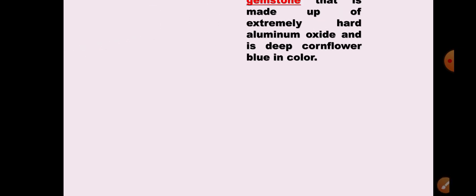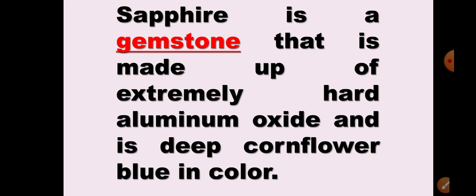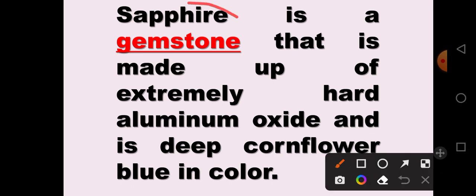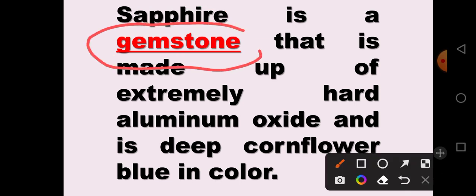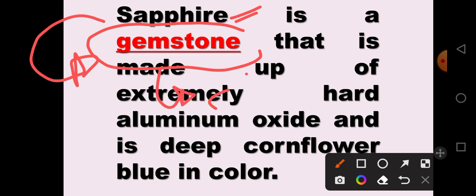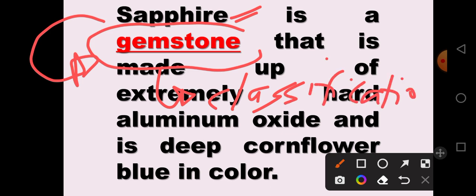Now we have the next word. After we identified our genus followed by the linking verb, we have this highlighted word, which is gemstone. Notice, class, that sapphire as our genus is classified as a gemstone. And what do we call the word that serves as the classification of our genus? Gemstone is the classification of the genus, which is sapphire.